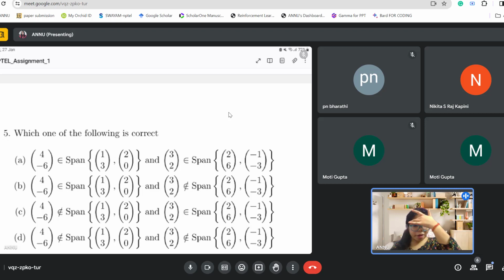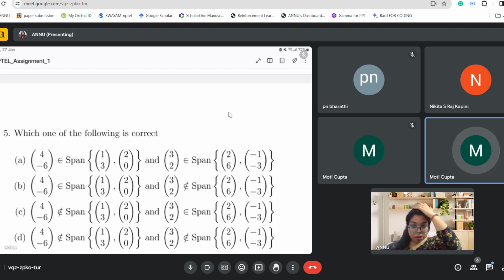Okay, so how have you solved it, Moti? Ma'am, actually, if you look at the first span, we are thinking 1, 3, and 2, 0. You'll see that we want to get 4, minus 6. The second vector 2, 0 can't give us minus 6. So the thing would be minus 2 and minus 6.